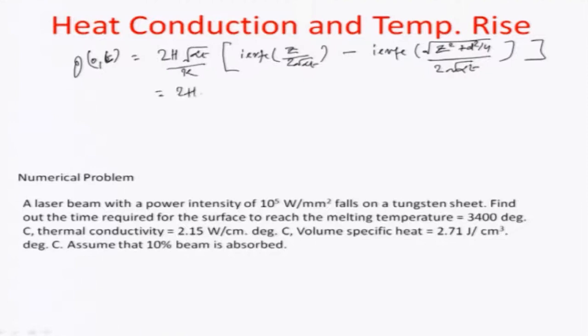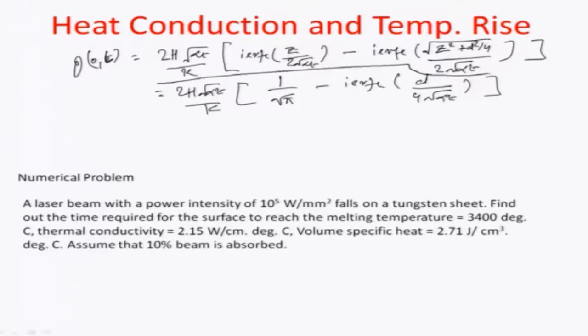So, this further becomes equal to 1 by root pi, we just derived it in the last step, minus IERFC, the error function of the third kind, and the z goes away here. So, it is basically d by 4 root of alpha t.